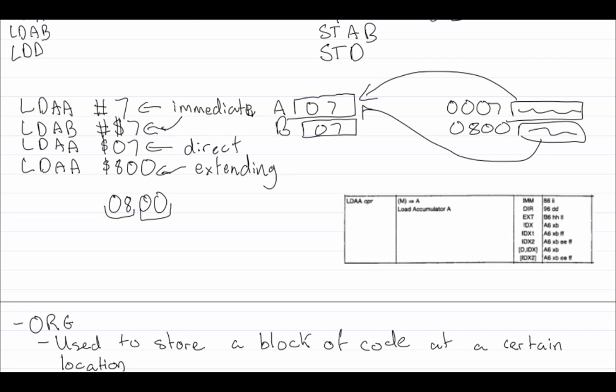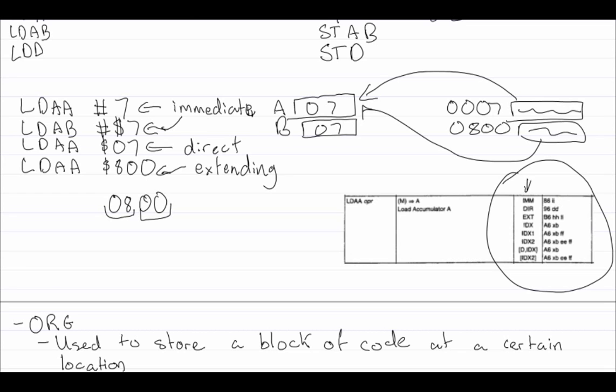Right over here, we can see references to the different types of addressing, and this is actually how we write out the machine code.